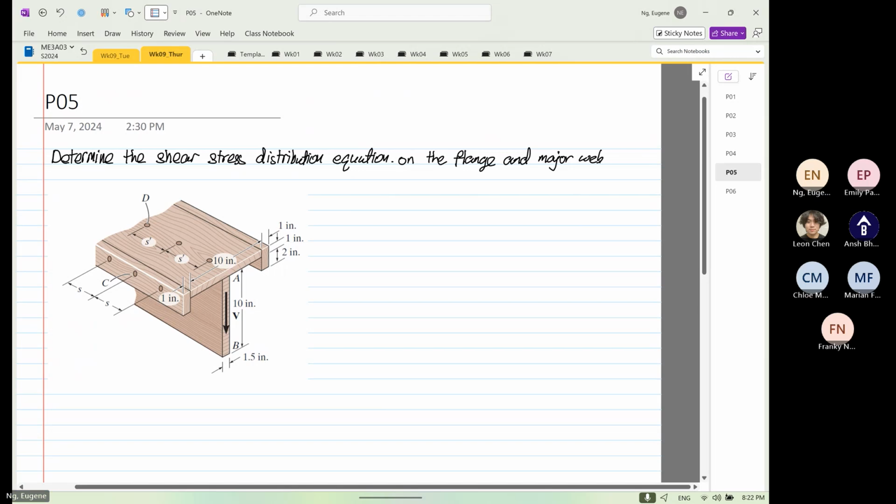Okay, so I'm going to sketch this diagram again. Let's look at the flange first. Let's consider the flange first.